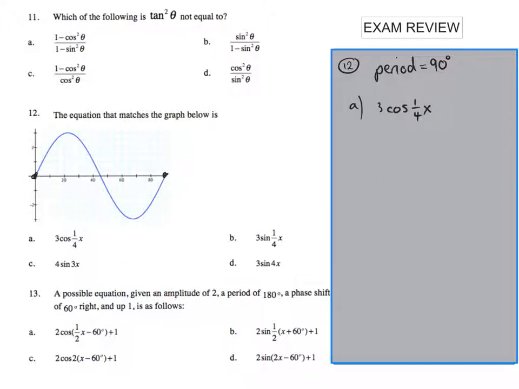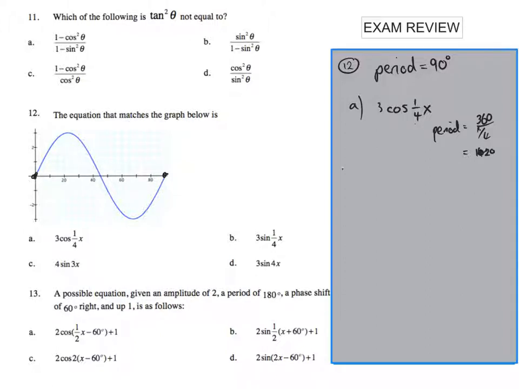So therefore A would be wrong, but the period straight away would be 360 divided by the 1/4, which is not 90, it's actually 1440.